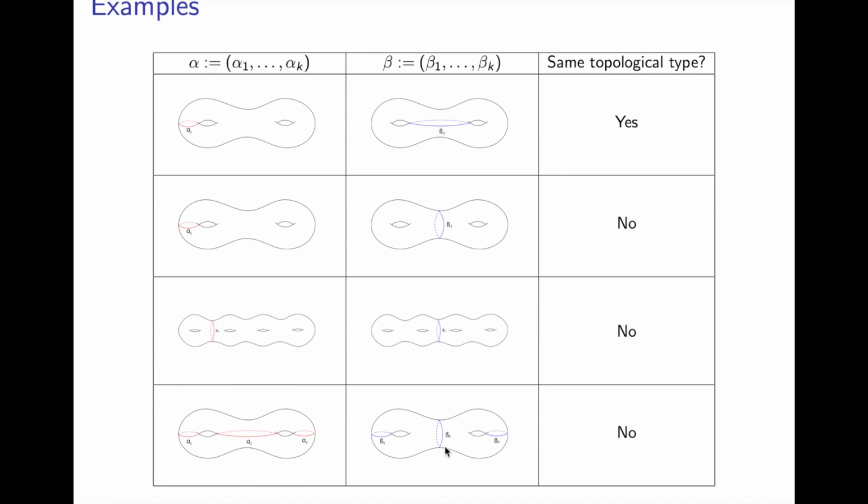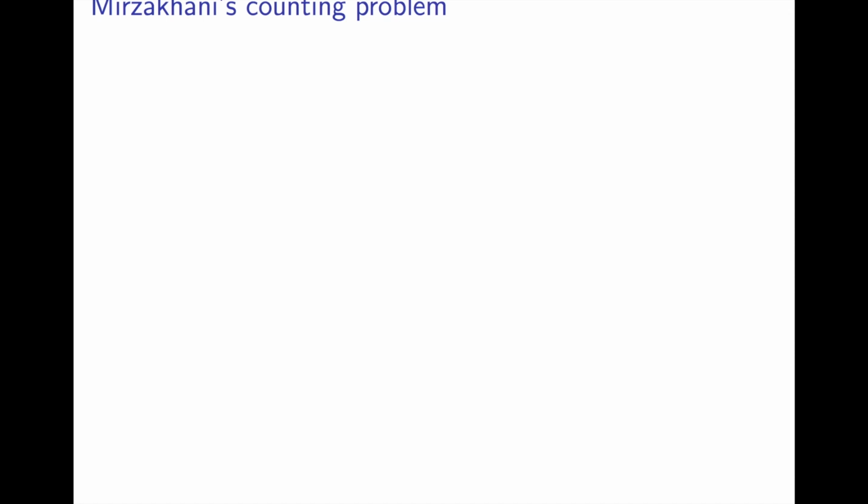So topological type tells us how our curves look on the surface up to homeomorphism, and the point of these examples is that this notion tends to encode more information than one might think at first instance. So that's the main concept that we're going to mention throughout the talk.